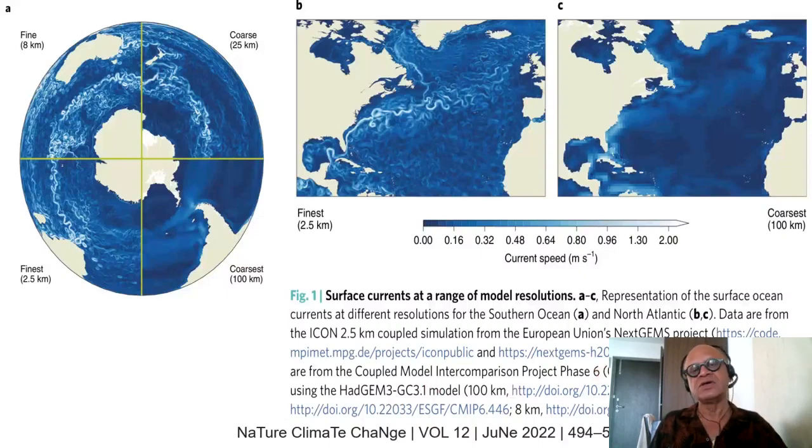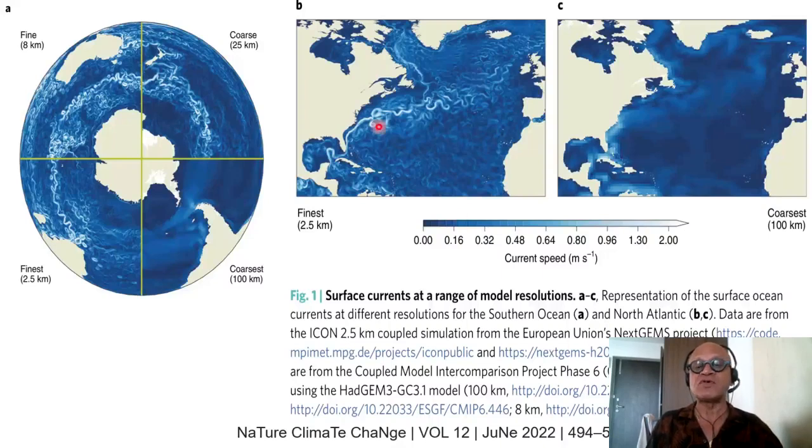So a lot of the future projections made for the assessment report 6 and the older ones are coarse resolution models, and there are issues in using coarse resolution models, especially for key features of the climate system like the Atlantic meridional overturning circulation, sea ice extent and sea ice volumes, general heat transport.